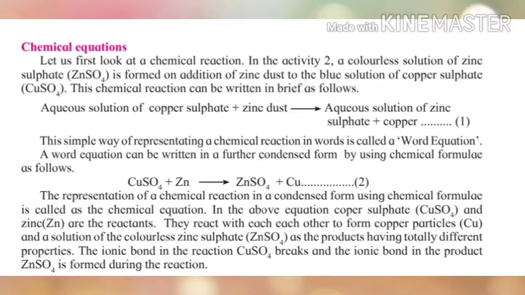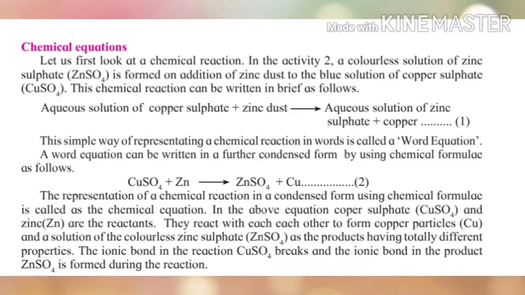Representing a chemical reaction in words is called a word equation. The above reaction is represented in the form of words, and that is the reason it is called a word equation. A word equation can be written in further condensed form by using chemical formulas as follows.